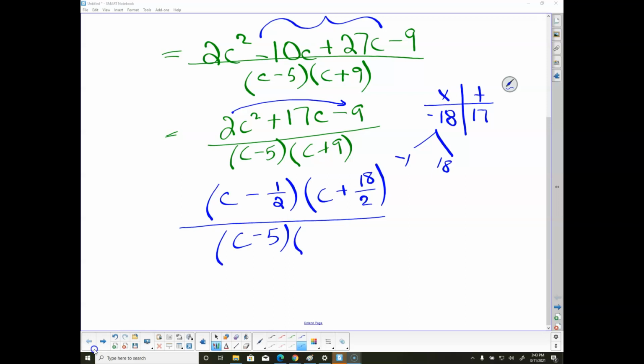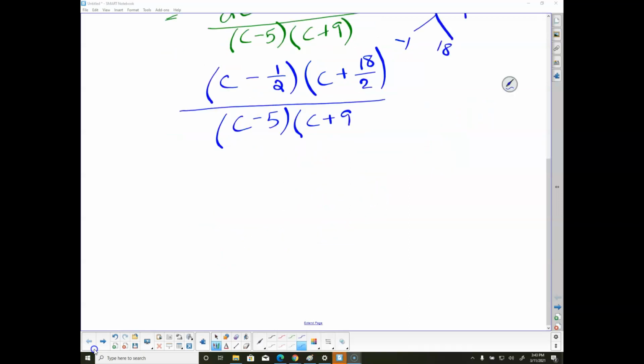There's a lot of rewriting, but it keeps everything neat and tidy and in order, and I get the right answer in the end, and I'm happy. Okay, so 1 divided by 2, I cannot simplify that to a whole number, so let's give myself a little more space. So I pull out my 2, and so I have 2c minus 1 times, 18 divided by 2 is 9, so I have c plus 9.